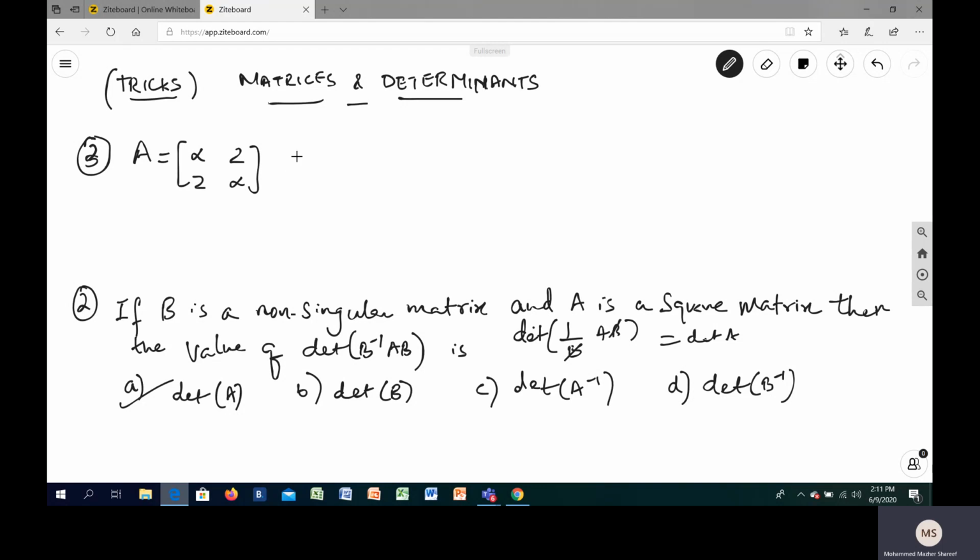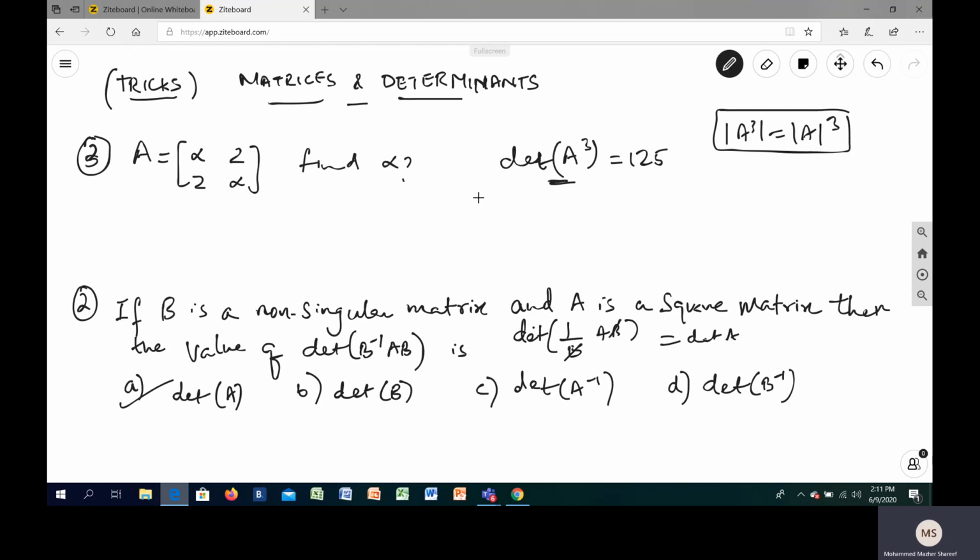We need to find the value of alpha, given the condition that determinant of A cube is equal to 125. Again, applying the properties of determinants, determinant of A cube is nothing but determinant A whole cube. Remember this: determinant of A raised to n is equal to determinant A raised to n.